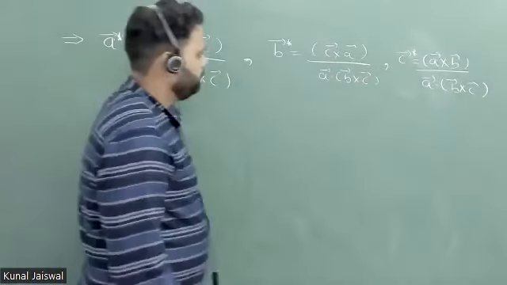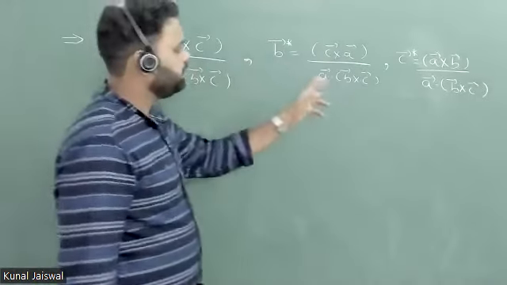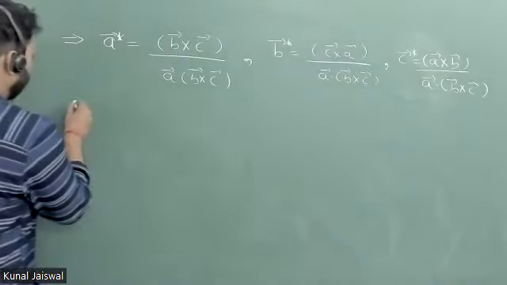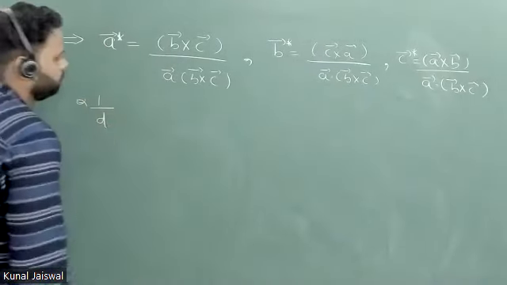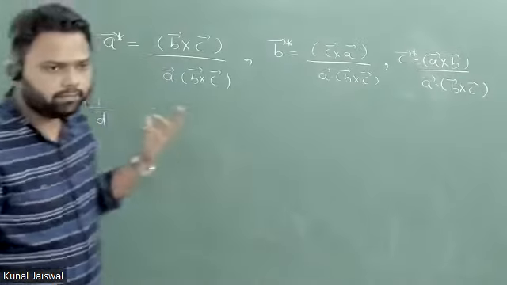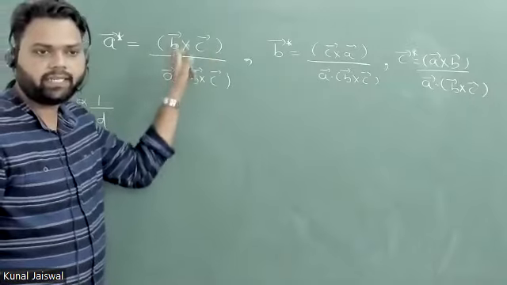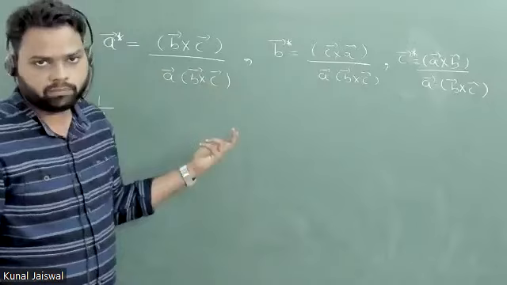Now, if you see the dimension of A star, B star and C star, the dimension is what? Its dimension is 1 upon D. ये dimension है ना इसका? The dimension is 1 upon D, because in the numerator it is representing the area and in the denominator it is representing the volume.